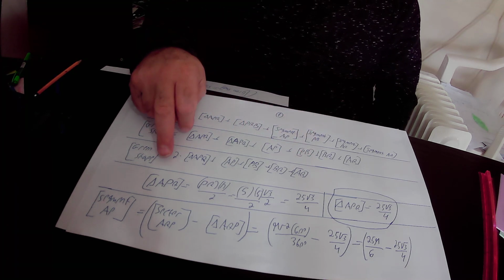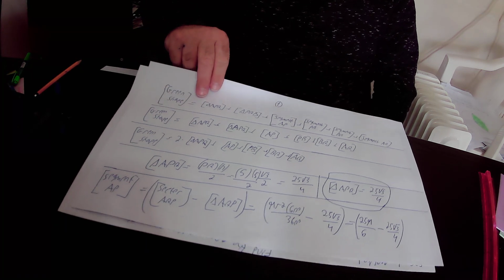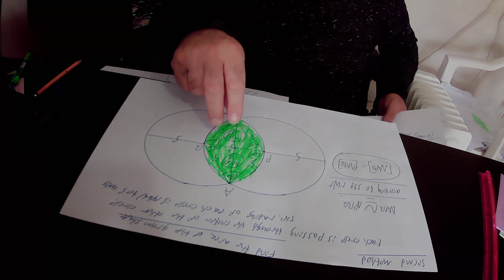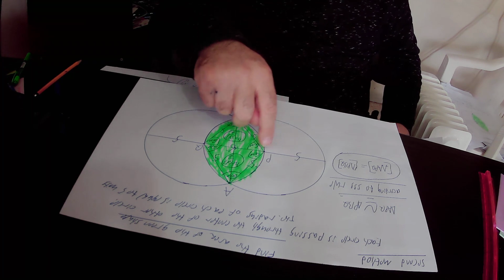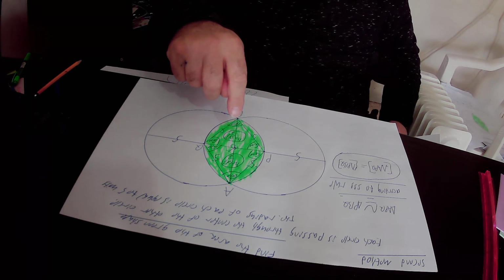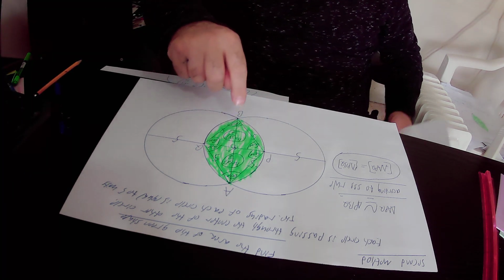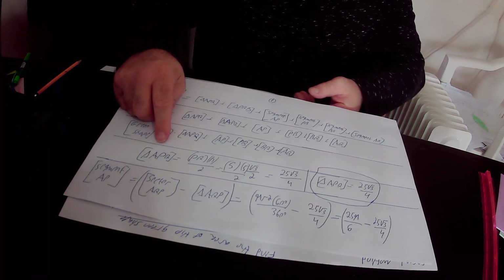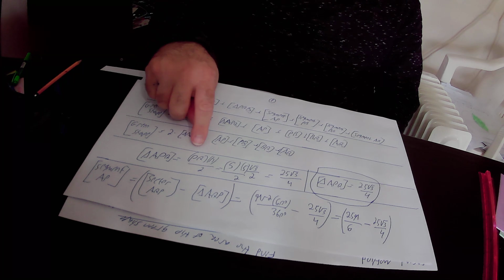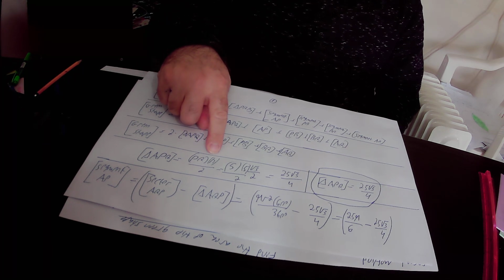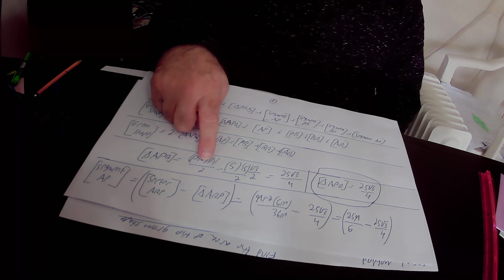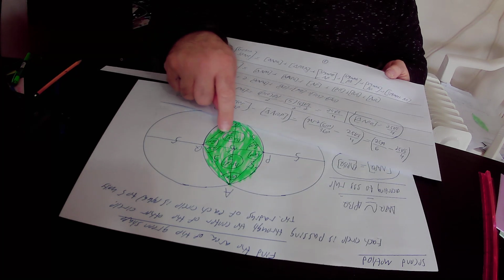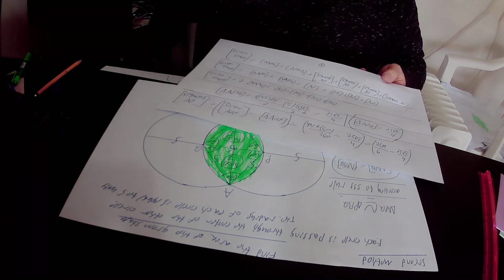So what is the area of triangle APQ? The area of triangle APQ equals the base PQ times the height H, over 2. We have already found out that PQ equals 5 units.